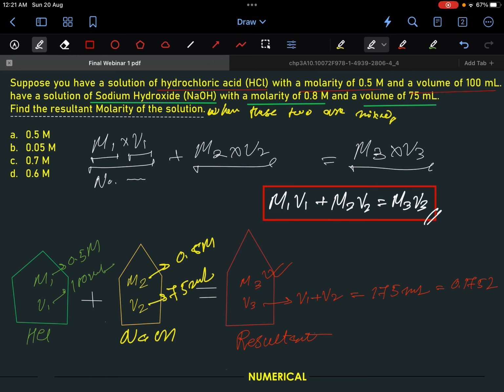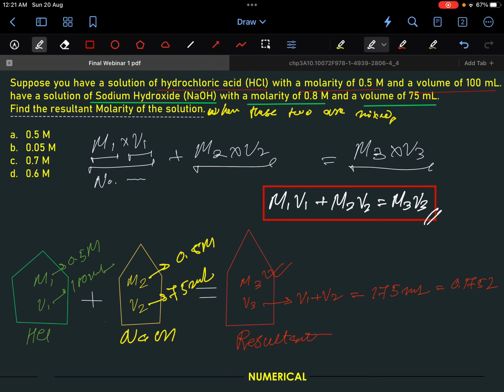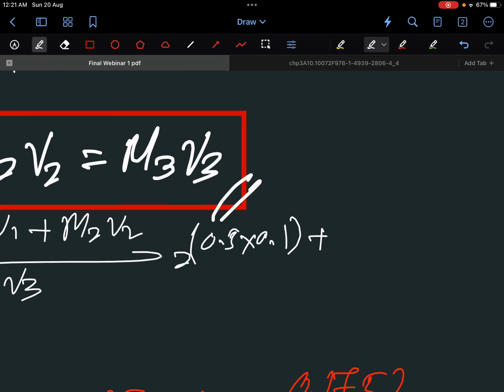So if we apply this formula to our given question, M3 is M1 V1 plus M2 V2 divided by V3. Now let's plug in the values: 0.5 into 0.1 plus 0.8 into 0.075. Why is it 0.075?